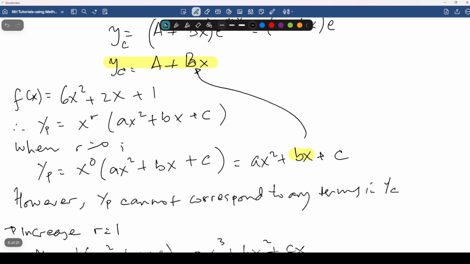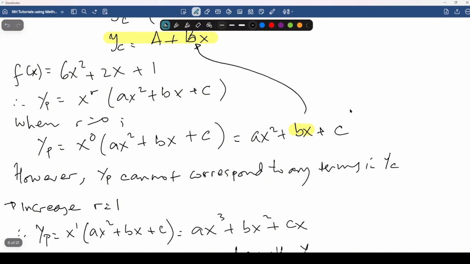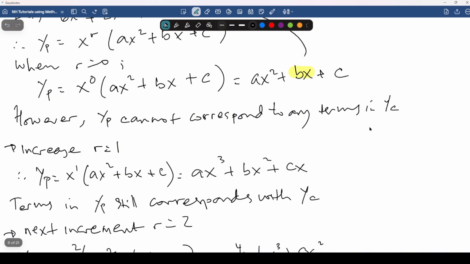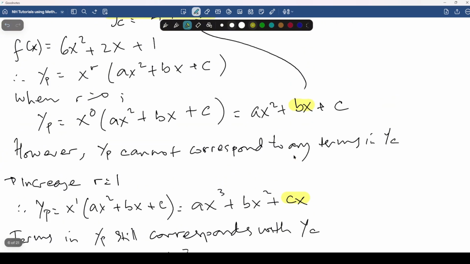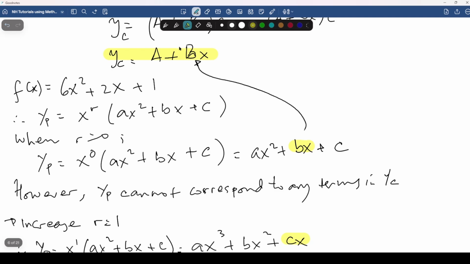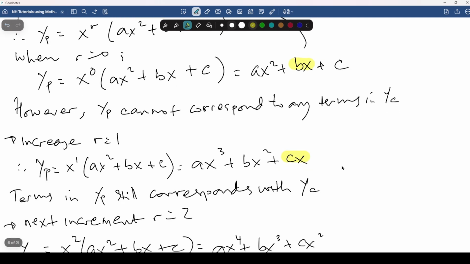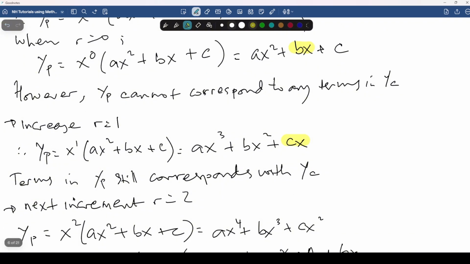Our yc is A plus Bx, so cx corresponds with the terms also. So we still cannot use r equals 1. We have to increase to the next increment, which is r equals 2.